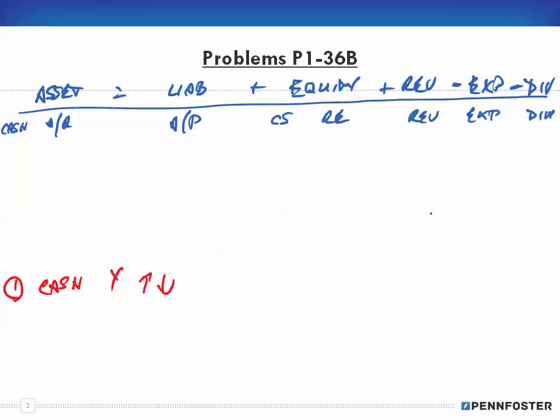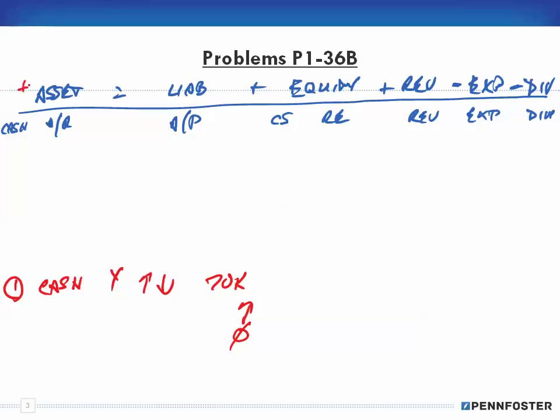Well, in this case, the business is getting $70,000 in cash from David Shore for the purchase of stock. So if he had zero in cash before and it increases to 70,000, well, cash is an asset.